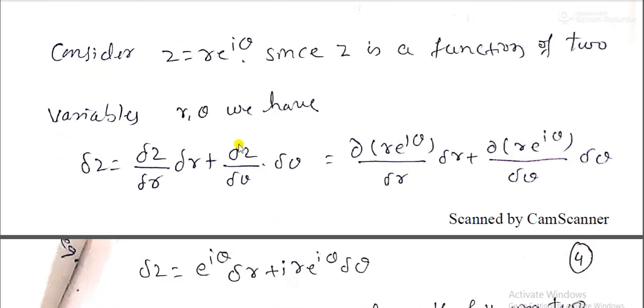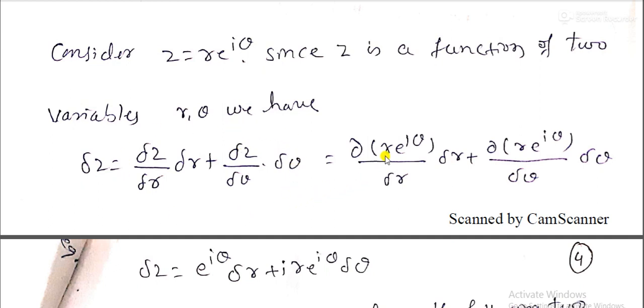Consider z is equal to r into e raised to i theta. Since z is a function of two variables r comma theta, we have delta z is equal to dou z by dou r into delta r plus dou z by dou theta into delta theta.